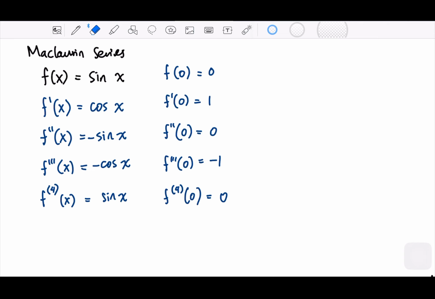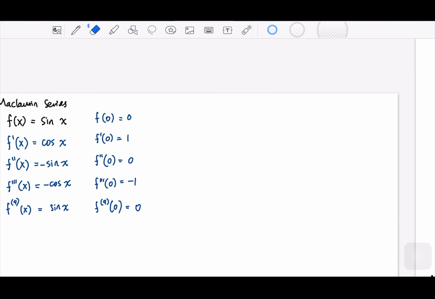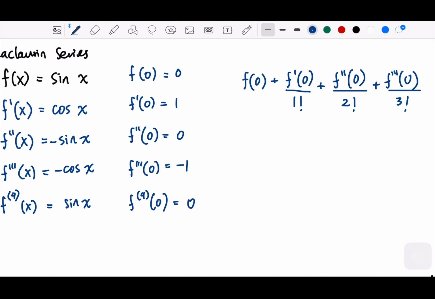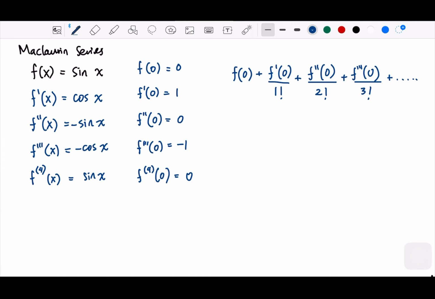Okay, let's continue. For the Maclaurin series, remember the idea is just to rewrite the functions, and we can write f of 0, plus f prime of 0 over 1 factorial, plus f double prime of 0 over 2 factorial, and so on. Since the terms when n equals 2 and n equals 4 are going to be 0, and f of 0 is also 0, this is 0, this is 0, and the fourth will be 0, right?